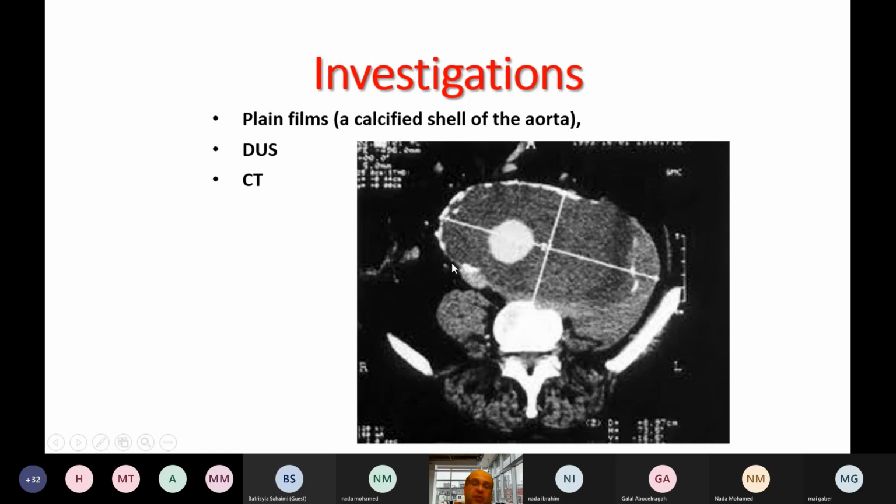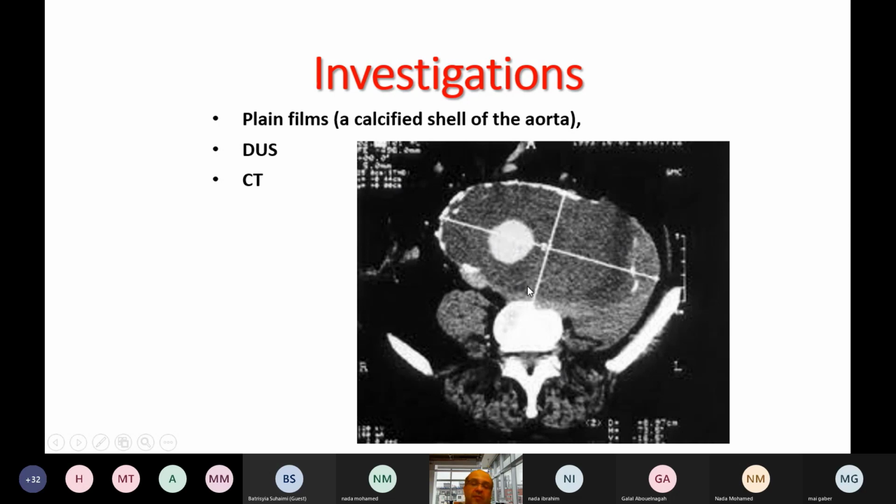You say it is a huge aneurysm. You see this white part is the calcification of the aneurysm, and this is only the lumen. So if you do an arteriogram for the patient, you may see this lumen only, and you think that you don't have an aneurysm. So the best in evaluating aneurysm is CT.